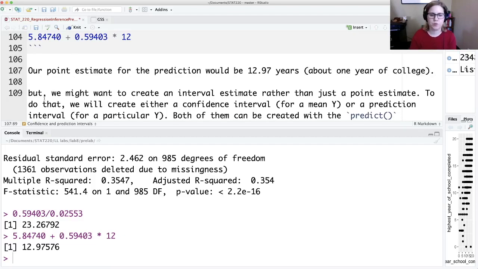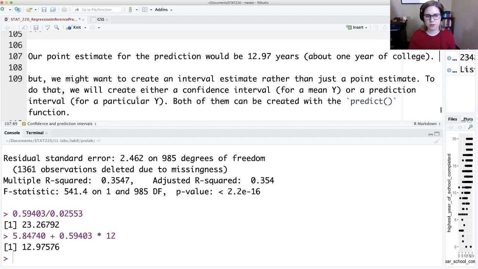But we might want to create an interval estimate rather than just having a point estimate. We might want to be able to say, I'm 95% confident, right? So there's two different kinds of intervals that you can make. And this is one of those places where I always say statisticians shouldn't be allowed to name things, because we have something called a confidence interval and then we have something called a prediction interval.